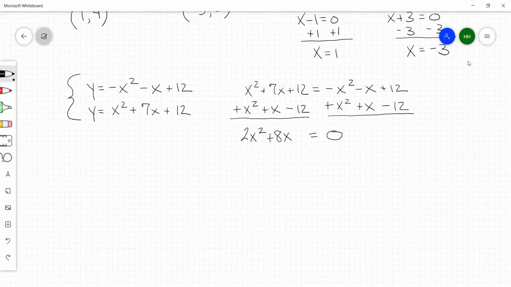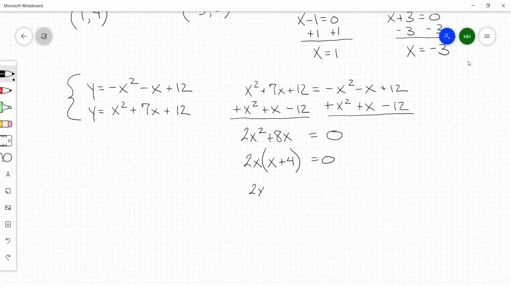So 2x squared and 8x both have a 2x in them. So if you pull out a 2x, then inside the parentheses, you're going to get x plus 4. And that equals 0. So now you set your two factors equal to 0.